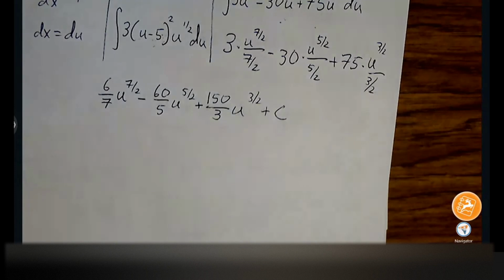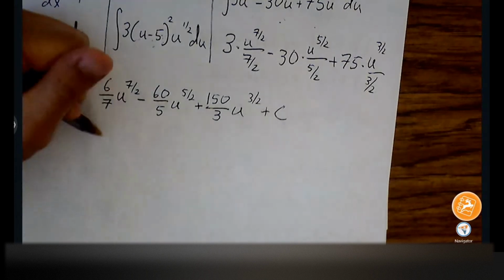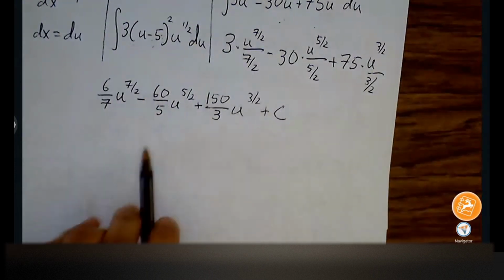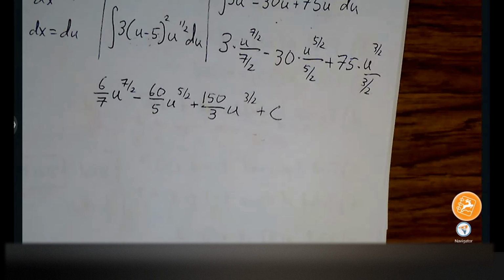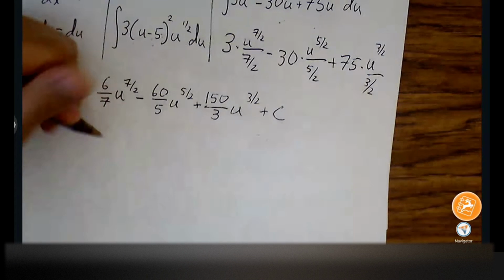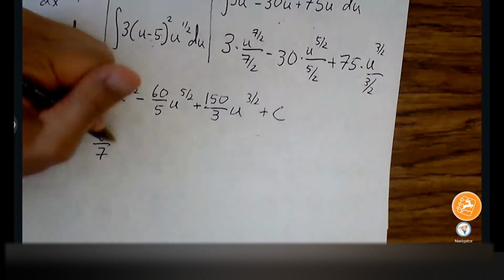Okay, replace every u value with x. So we got to make sure we go past this point, right? Got to keep reminding ourselves that u is a temporary variable. If you see u in your answer, that means we got to keep going. There's something else that we can replace it with.